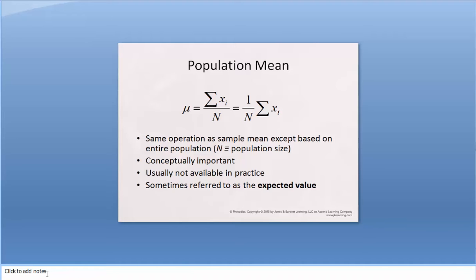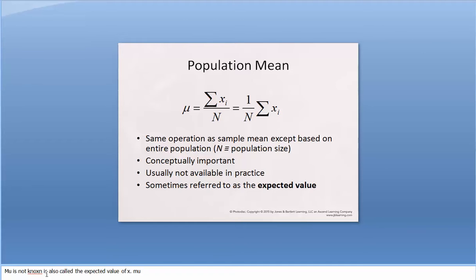And this mu, of course, is not known. And that is what you expect the X value to take, so it is also called the expected value of X. We will talk about this.